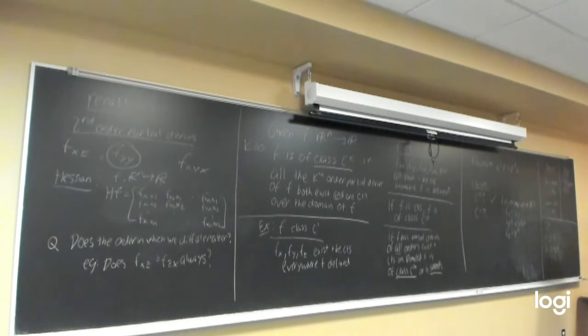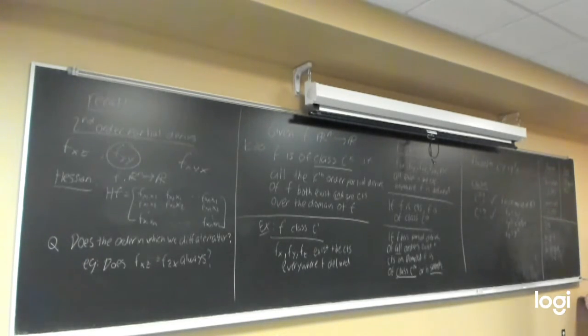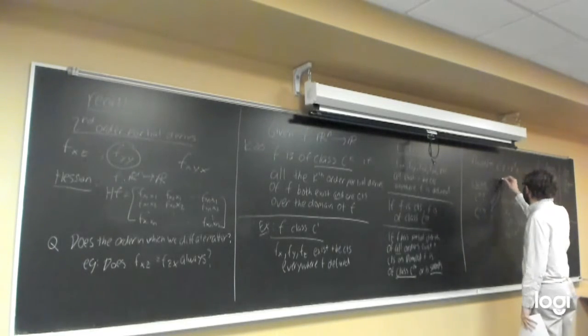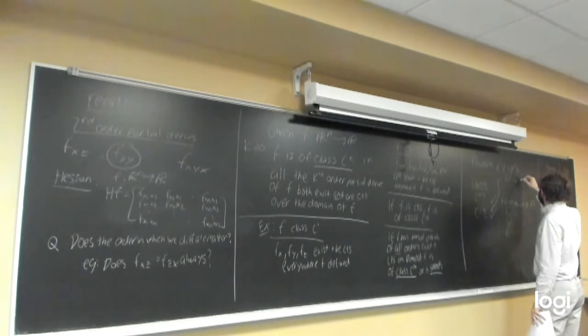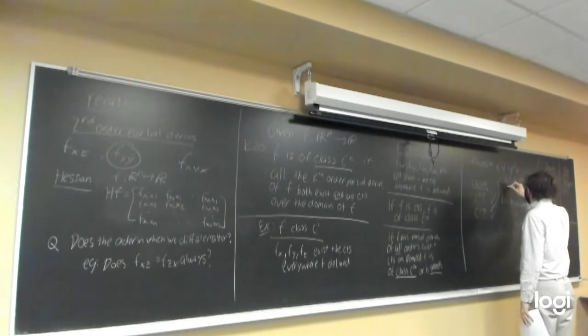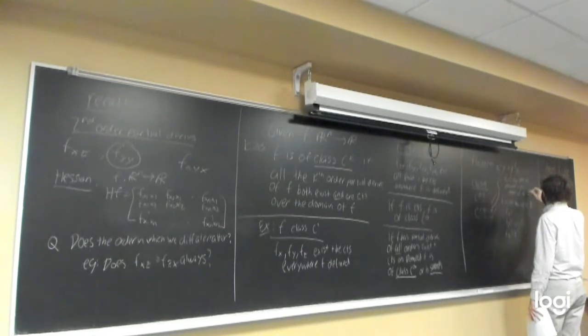So by a show of thumbs, thumbs up for yes, thumbs down for no, is f going to be of class C1, meaning these are all going to be defined and continuous everywhere? A little bit of hesitation going on, but it turns out it is. F is of class C1, with the reason being fx, fy, and fz are all defined plus continuous over all of R3.